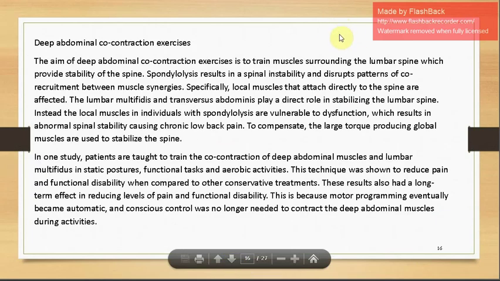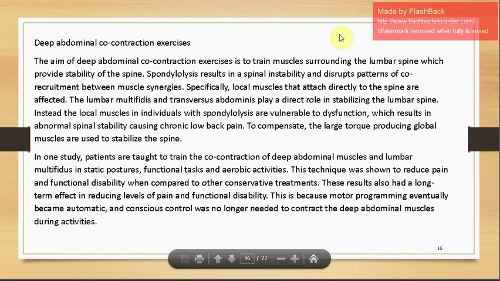Now, deep abdominal core contraction exercises. The aim of these exercises is to train the muscles surrounding the lumbar spine, which provide stability, that is the core strengthening. Spondylolysis results in spinal instability and disrupts the patterns of co-recruitment between the muscle synergies.